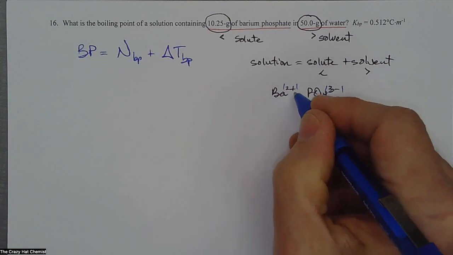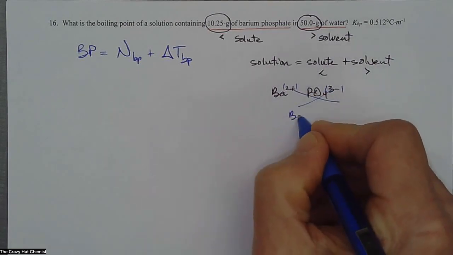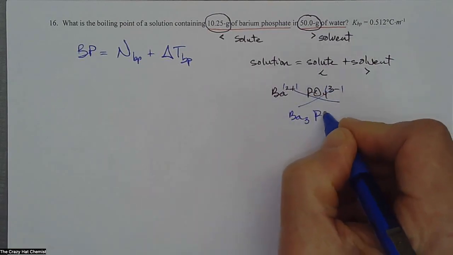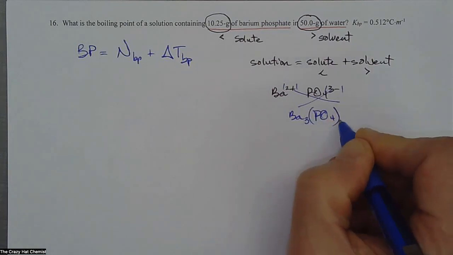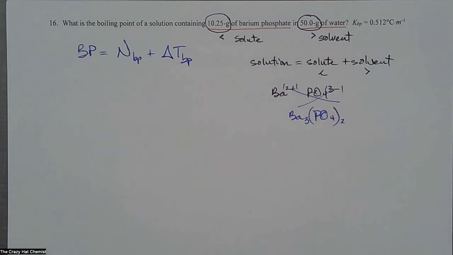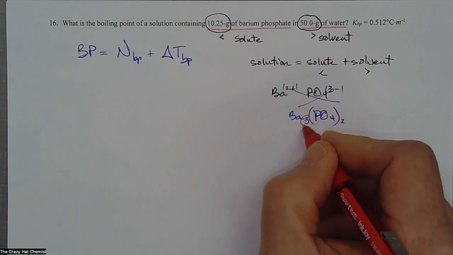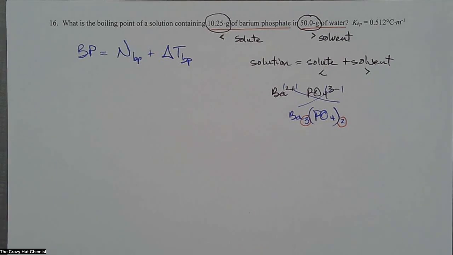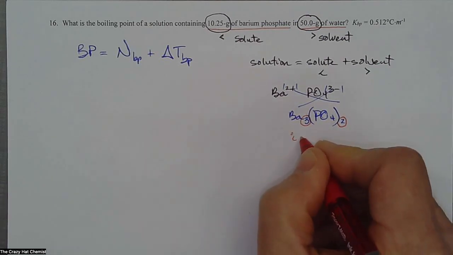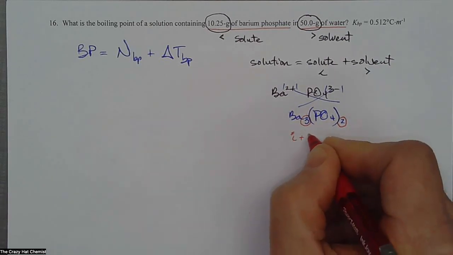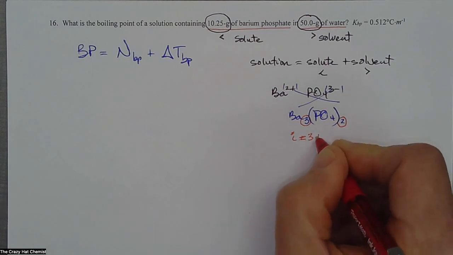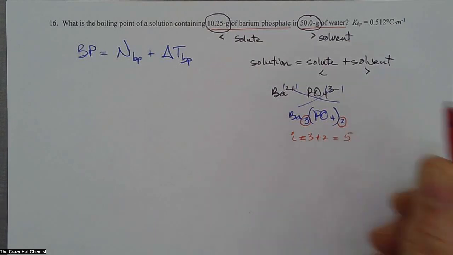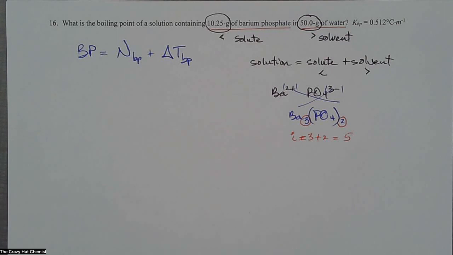So it's going to be Ba3(PO4)2. Then we count the number of cations, that's 3, and the number of anions, that is 2. So our Van 't Hoff factor is 3 plus 2, which is 5. The Van 't Hoff factor is going to be very important for this problem.